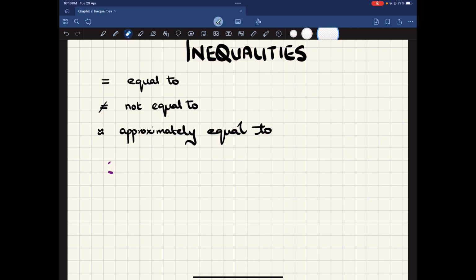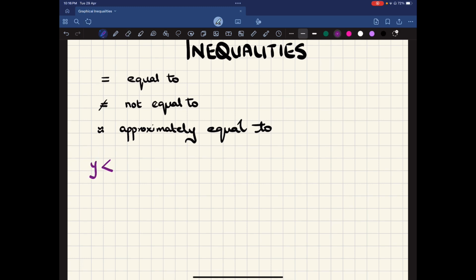For example, we have y is less than a. So this means, what does this mean? It means that y is less than a. What does this inequality mean? It means y is less than or equal to b.